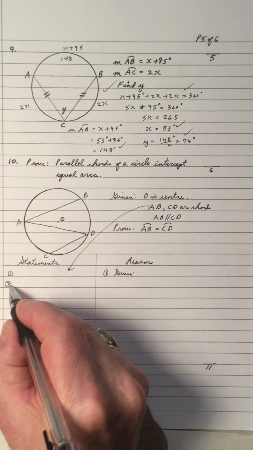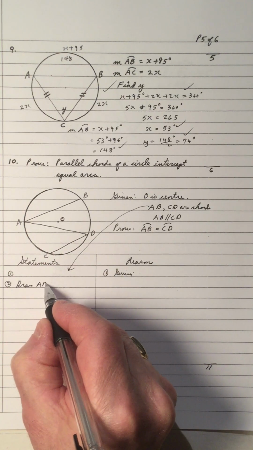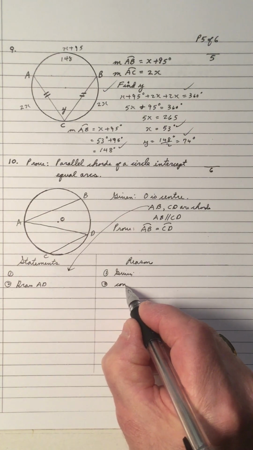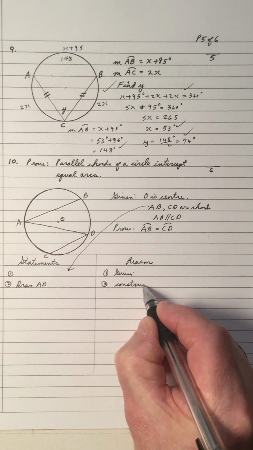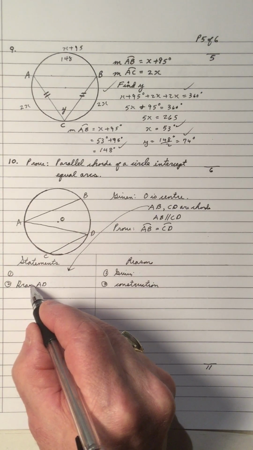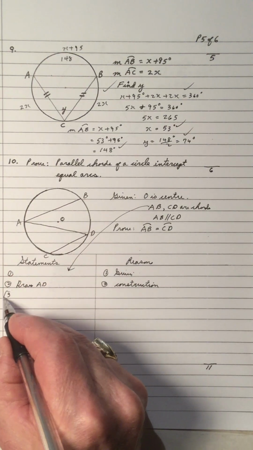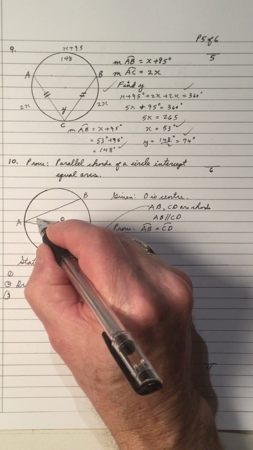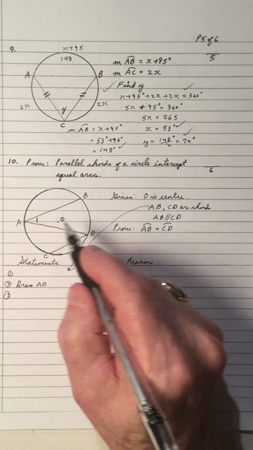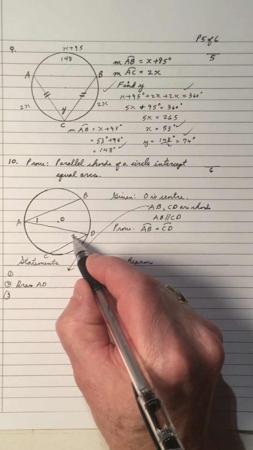So number 2, I have to draw chord AD, and that's what we call a construction, because between any 2 points we can draw a line. Number 3, I'm going to label this as angle 1 and angle 2, so I don't have to say BAD and CDA.